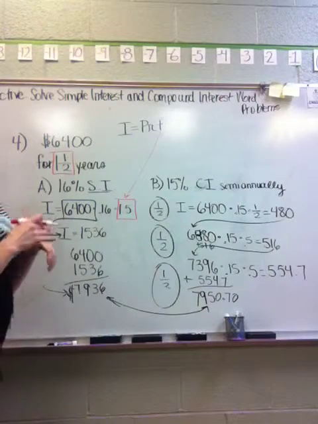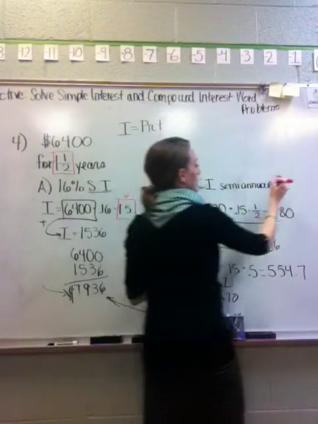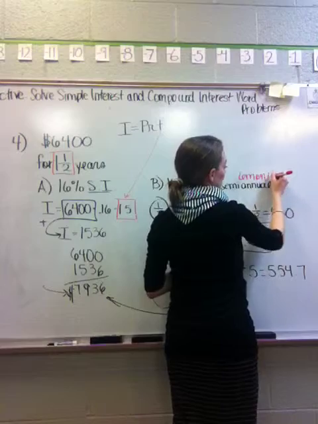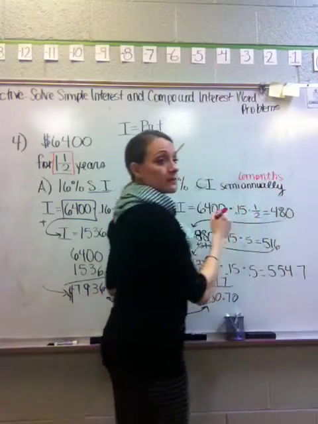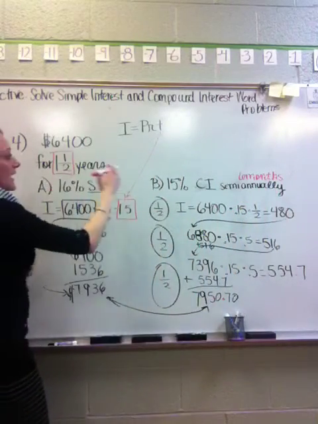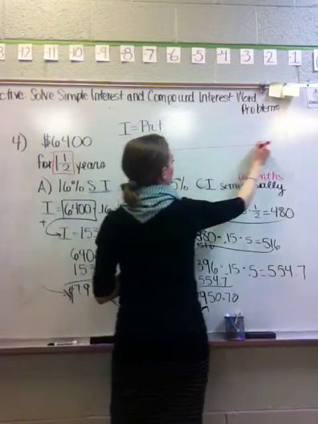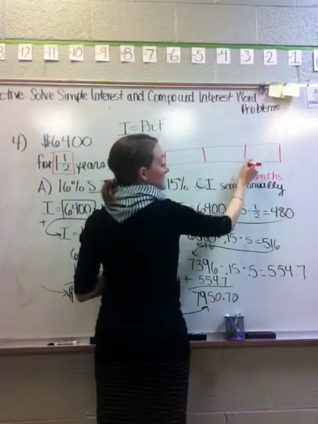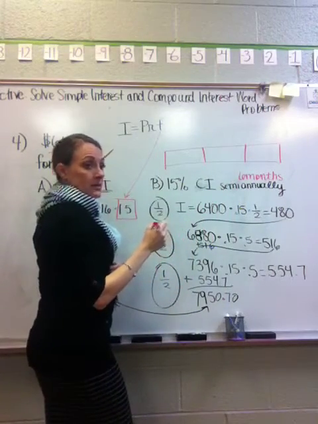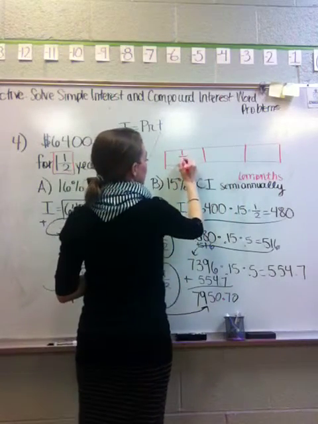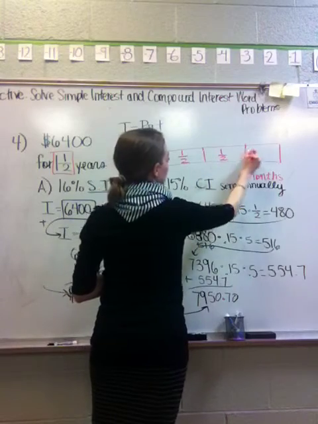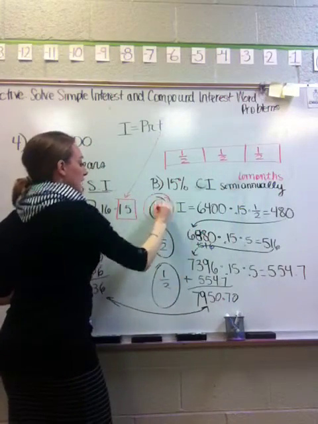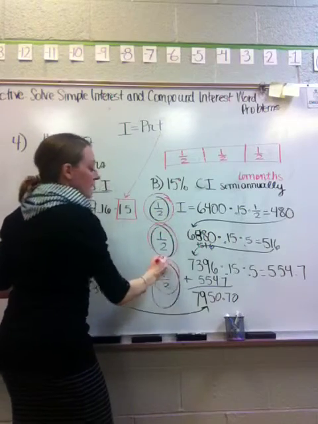Now, when I compound it semi-annually, it means every 6 months. So for 1.5 years, I've got 6 months and 6 months. So each one is half of a year. So that's where this half and this half come in.